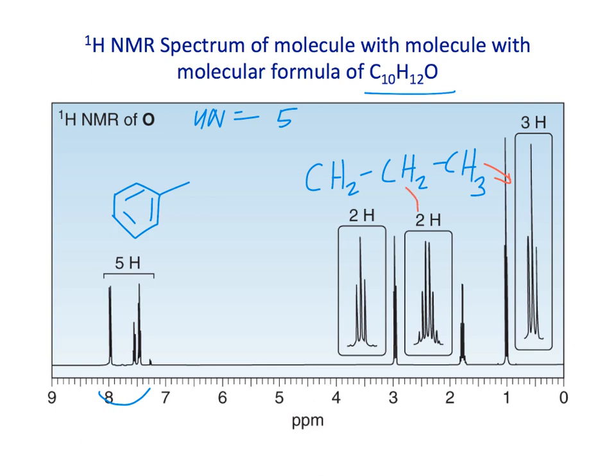We know that this CH2 is here because it's in the middle, and so it has more coupling. That's giving rise to that sextet. And then this one is a triplet because it only has a CH2 next to it. So we know that on the other side of that CH2 there cannot be any hydrogens on the adjacent carbon, right? Because there's no more splitting.